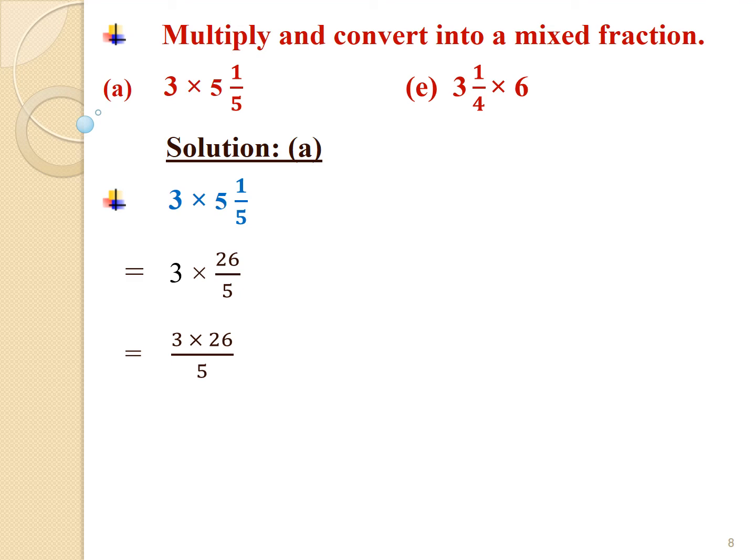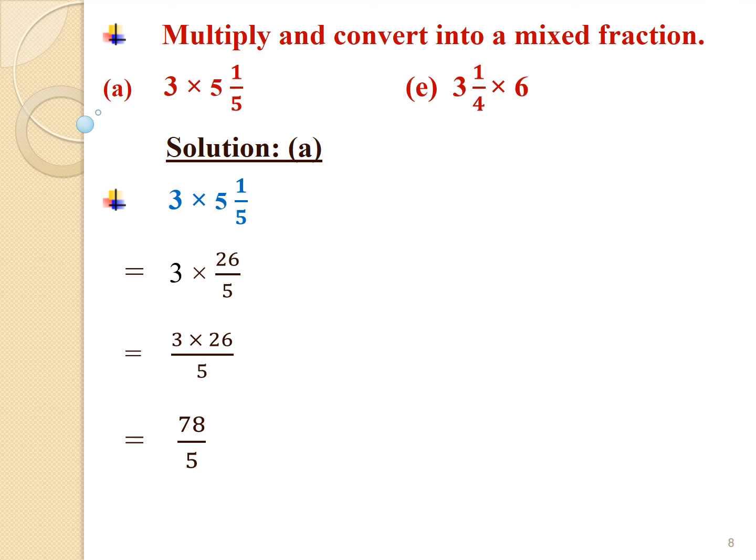Students, now we have to multiply the numerator with numerator and keep the denominator same. Thus, multiplying numerator 3 with numerator 26 and keeping denominator 5 as it is, we get 78 upon 5.